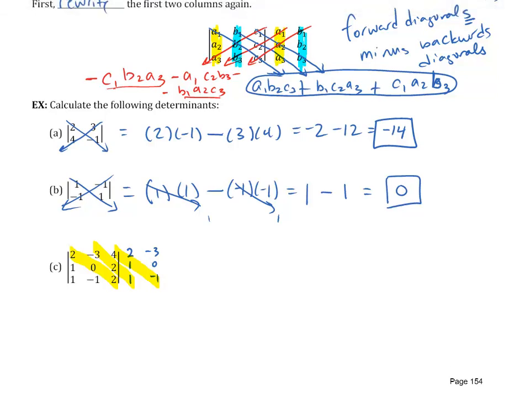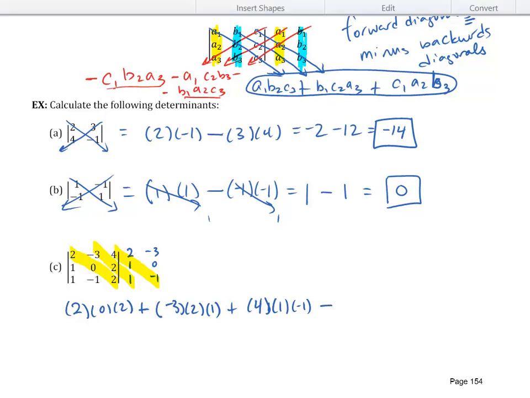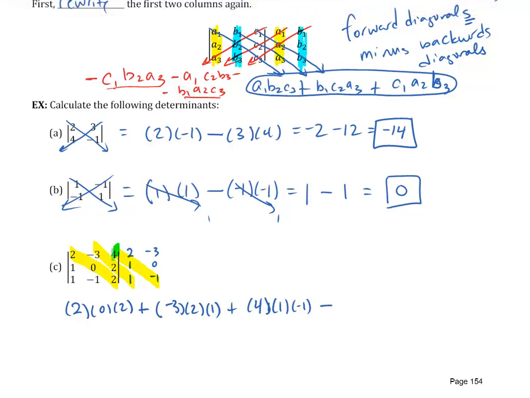You get 2 times 0 times 2 plus -3 times 2 times 1 plus 4 times 1 times -1. And now the back diagonal, which I'll do in green, this way, and this way.